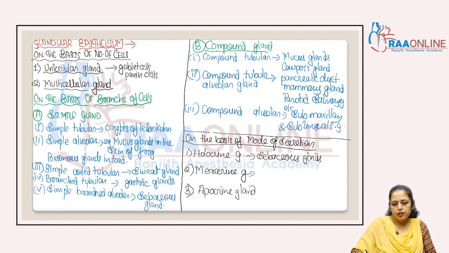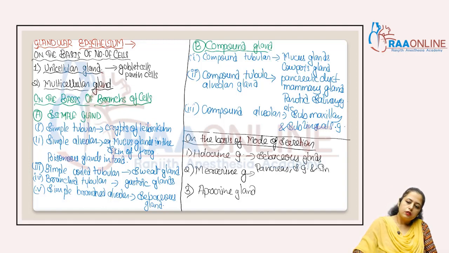Merocrine gland examples are the pancreas, salivary glands, intestinal glands and sweat glands.